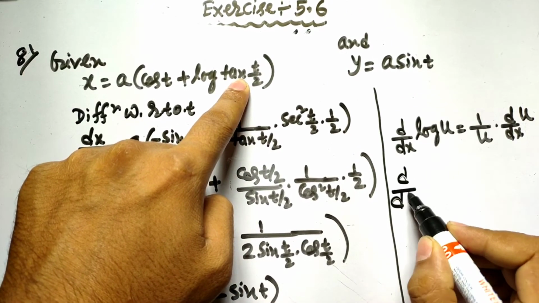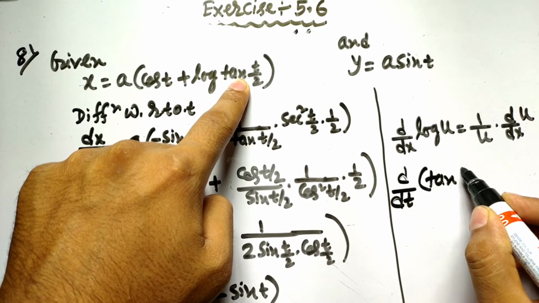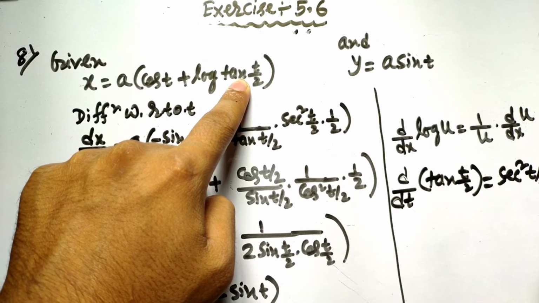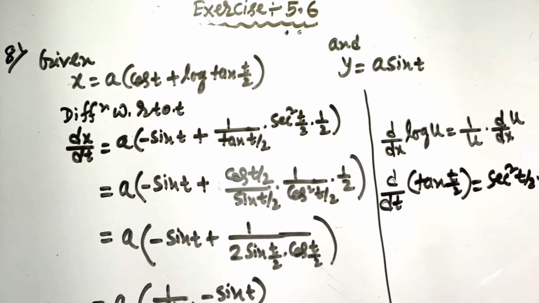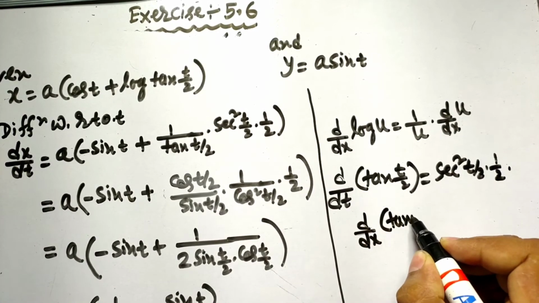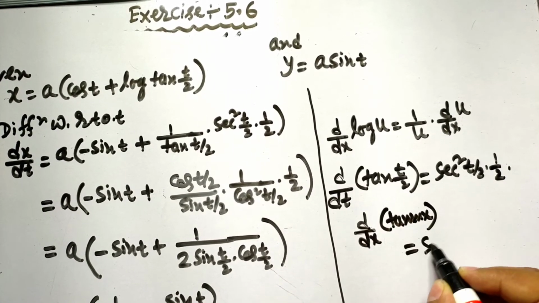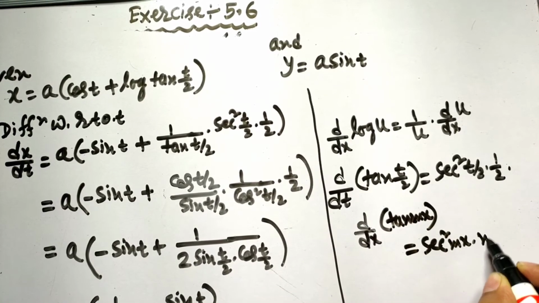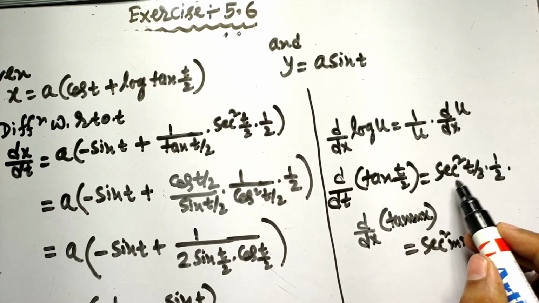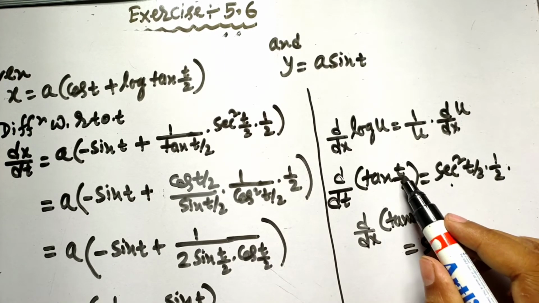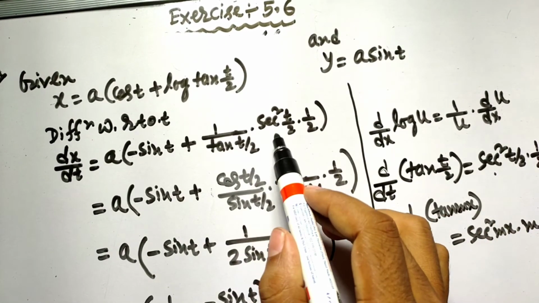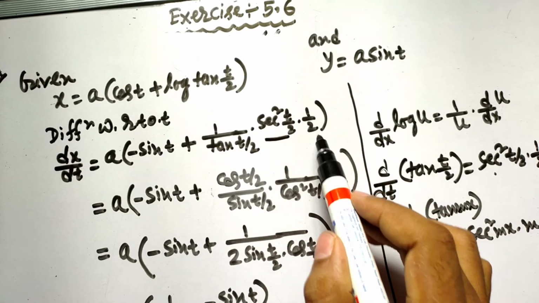So derivative of tan(t/2) is sec square(t/2) into 1 by 2, because I have already told you the derivative of tan mx is sec square mx into m. So tan(t/2) derivative is sec square(t/2) into m, which is 1 by 2.